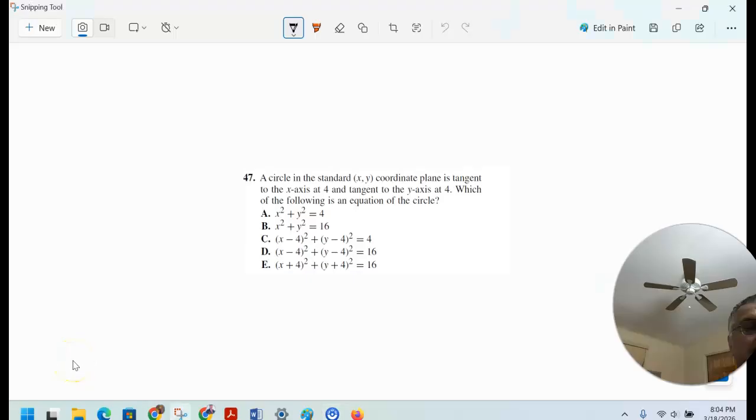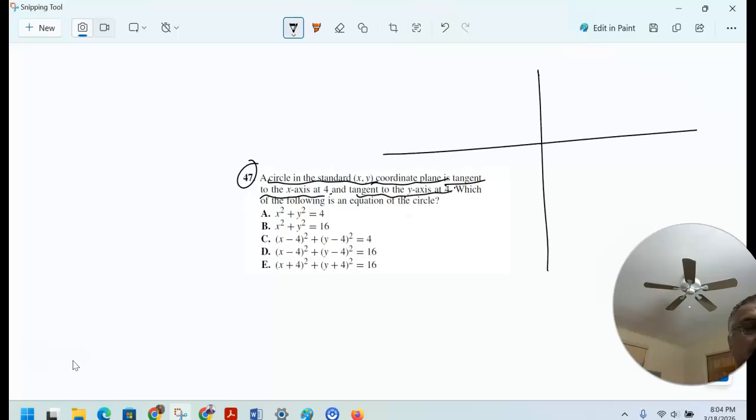Question number 47. A circle in the standard xy coordinate plane is tangent to the x-axis at 4 and tangent to the y-axis. That means if this is the x-axis and this is the y-axis, a tangent circle basically means this is x and this is y. Let's see, this is 1, 2, 3, and 4, and 1, 2, 3, and 4.